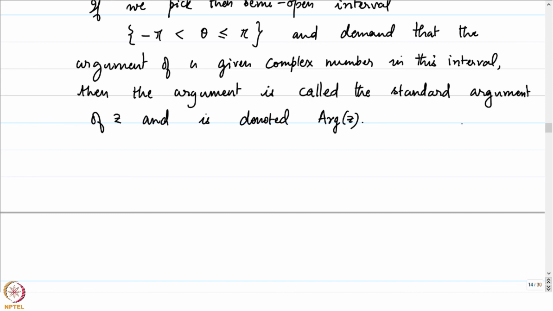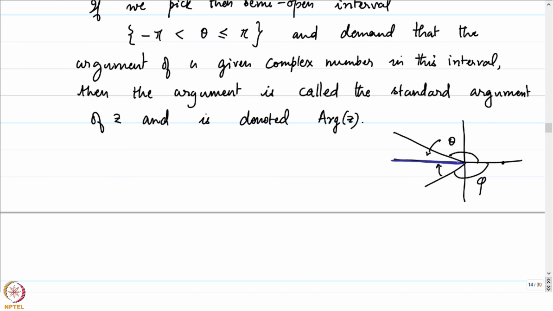If you notice, the argument here is in this manner, and the argument here will be in this manner. So if we approach the negative real axis from below, this phi will be going closer and closer to minus pi, and if we go in this direction, the theta will be going closer and closer to pi. So on the negative real axis, there is going to be a discontinuity.